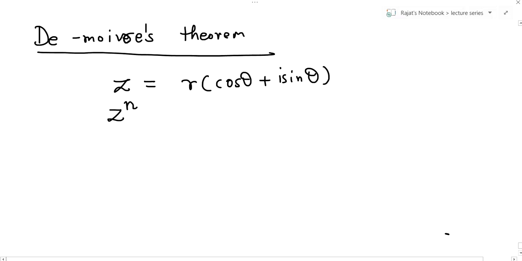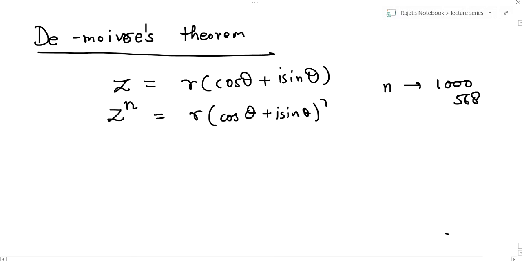It's not 2 or 3. Suppose I say n is very large, let us say 1000 or any other large number, 568, some weird and strange number. If I ask you what will be z to the power n, then you will say, okay, no problem, I'll take the power of this complex number.